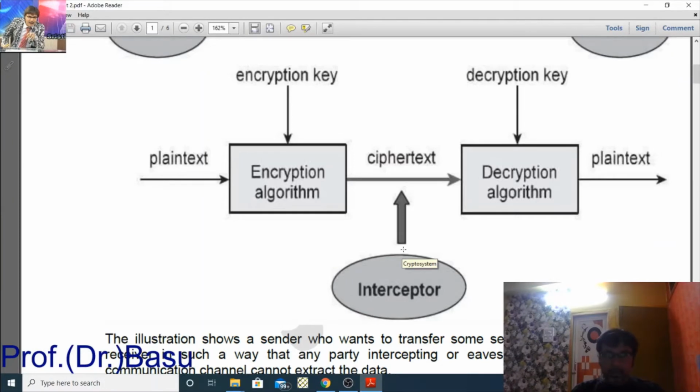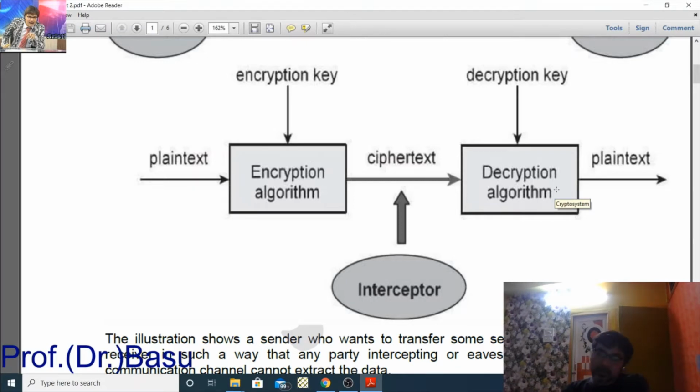See, as you know, this crypto system mainly involves two ends, sender and receiver. The sender converts plain text with a particular algorithm and a key to generate cipher text, and at the receiving end the receiver does the inversion, the opposite of this.